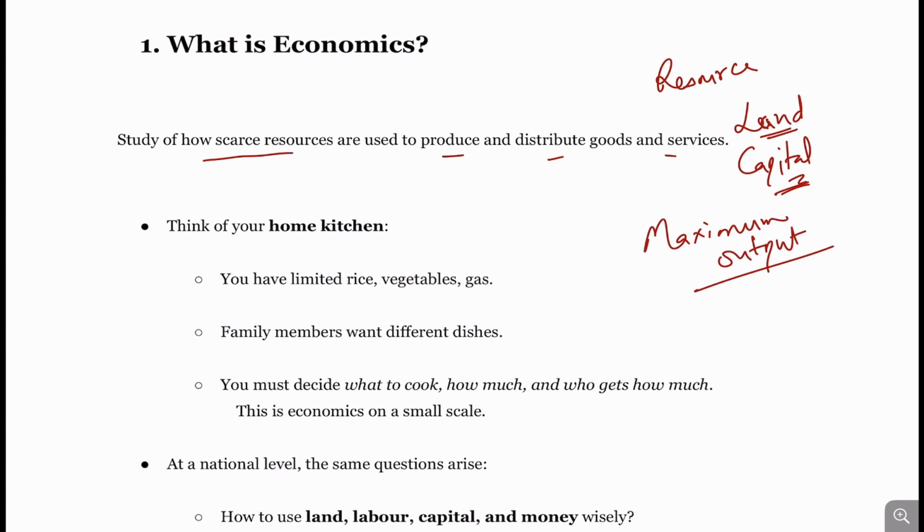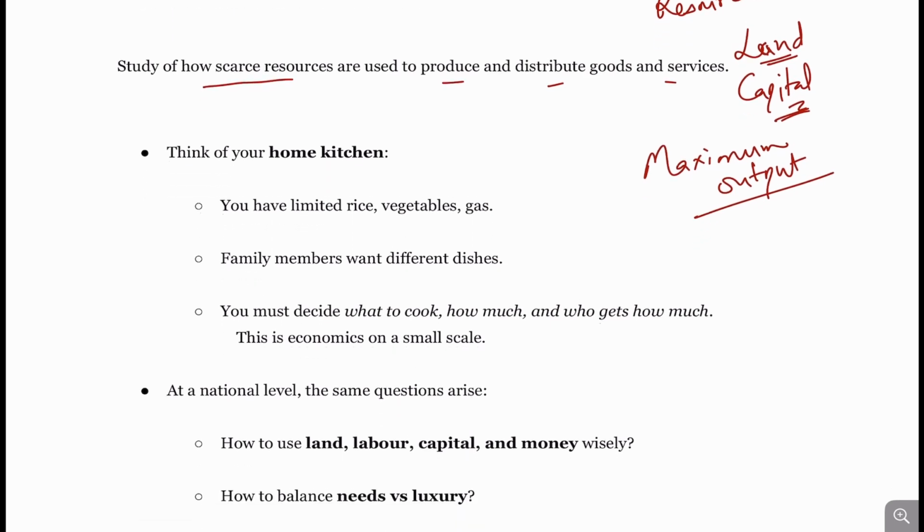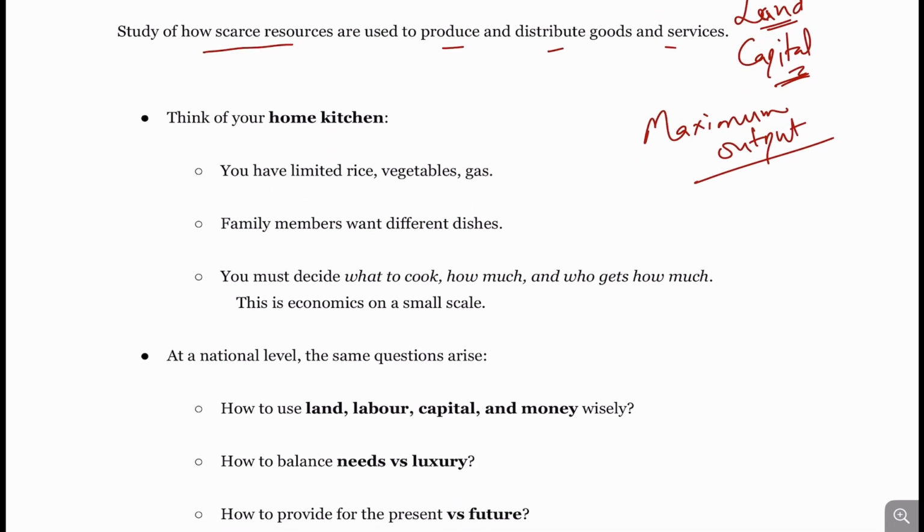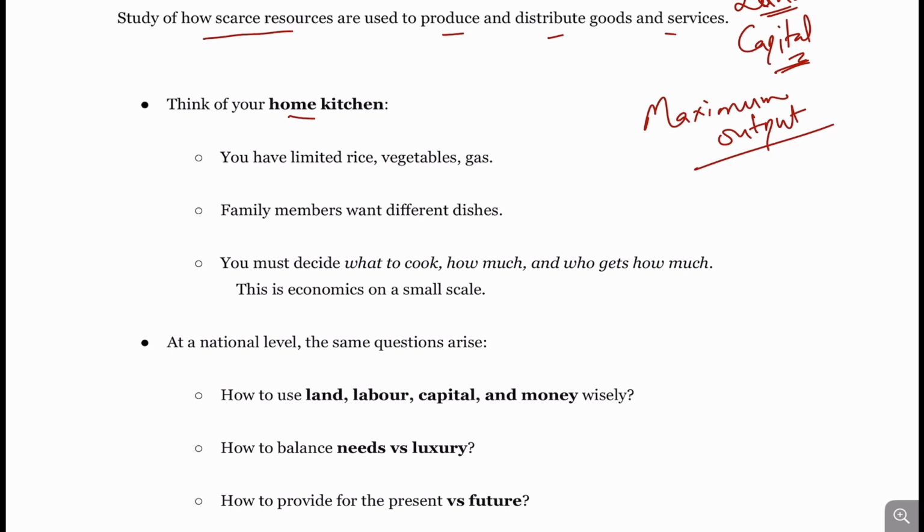So on a minute level, how can we understand economics? Think about the home kitchen. In a kitchen there is limited rice, limited vegetables, limited gas, etc. Every family member, suppose, wants different dishes.